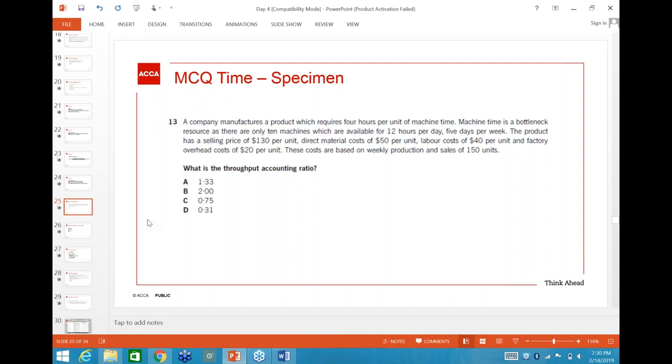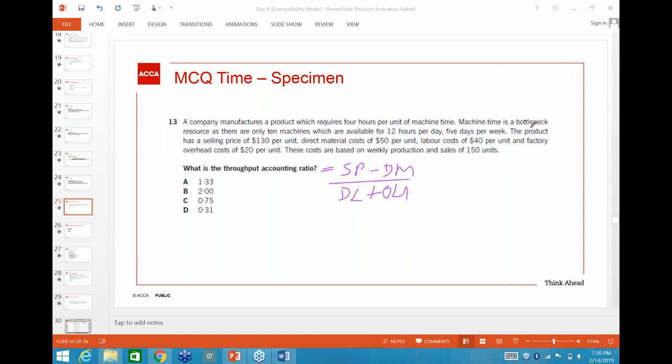Look at this question. This is what I was trying to tell you about in terms of the formula which I said. TPAR is equal to selling price minus direct material, divided by direct labor plus overheads. So the company manufactures products which require 4 hours per unit of machine time.